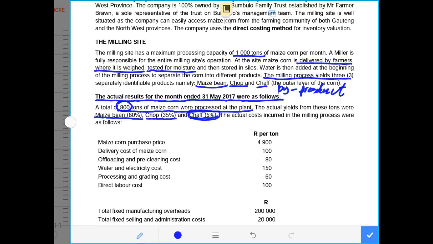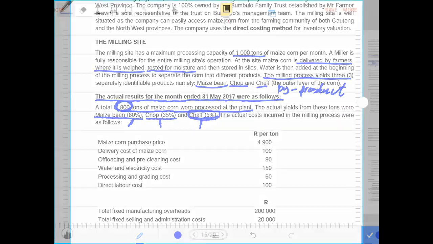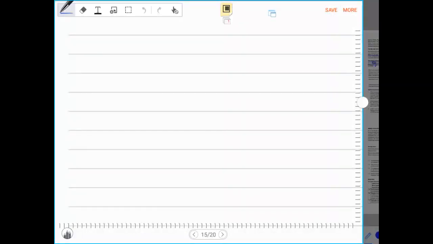Then now we proceed to classify, or to divide the total 800 units that were processed into 60%, which is maize bean, 35% chop, then 5% is given to us as chaff. So now let us have all the three products, number of units that were processed.